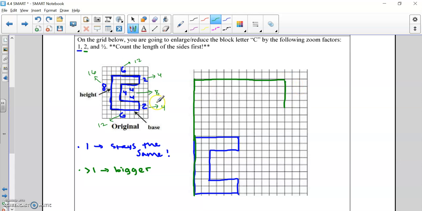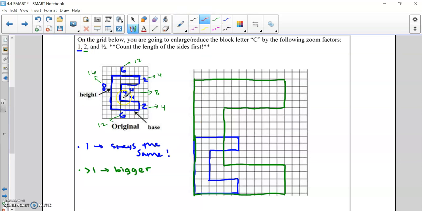I'm just following these green numbers. Another 4. Oh, nope, just kidding. This one's 8. We have another 8. One more 8. A 4. And lastly, we have 12 down here. So this shape is twice the size of the original because we did a zoom factor of 2.